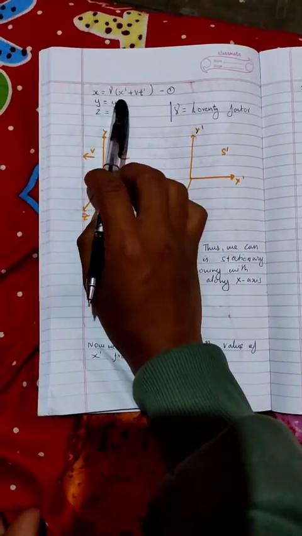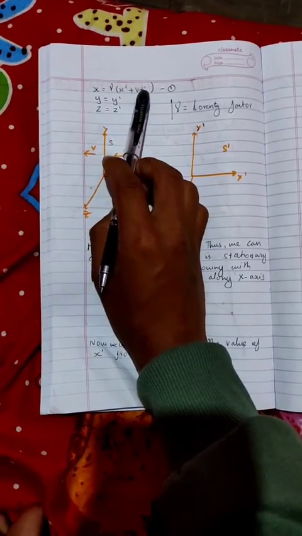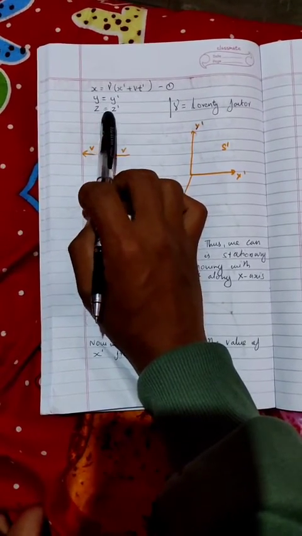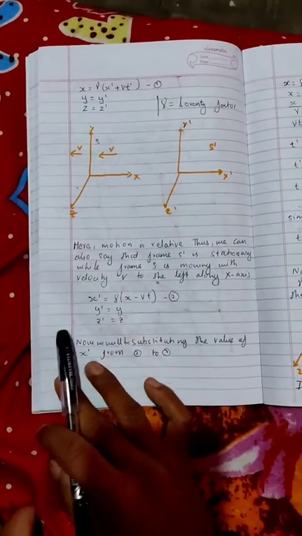Now we will write x equals gamma times x prime plus v t prime, y equals y prime, and z equals z prime from this given graph.